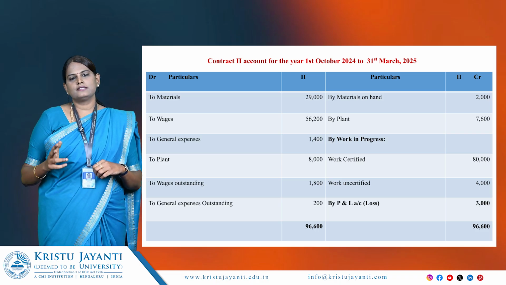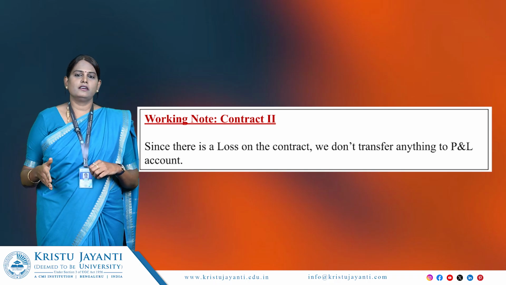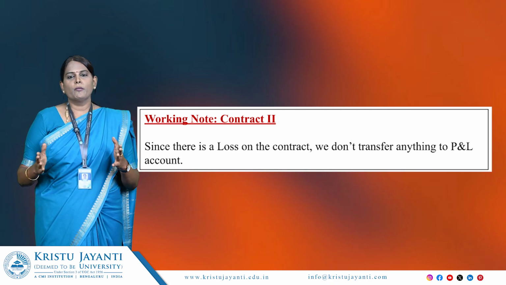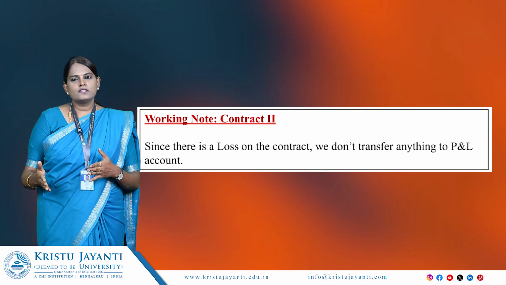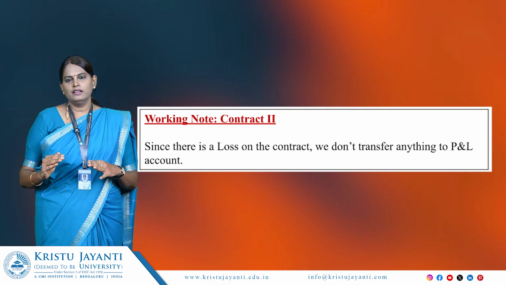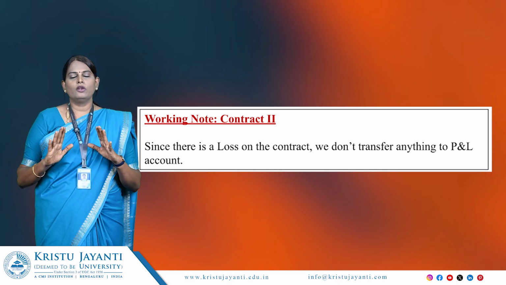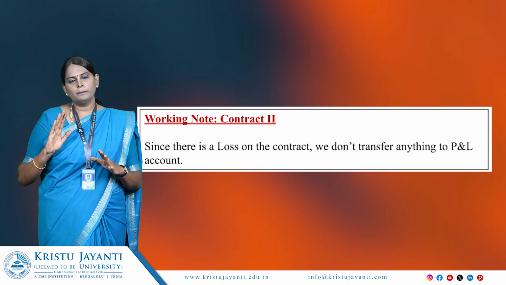So the credit side is treated as a loss. What you need to understand here is, this contract is for more than a year and there is a loss on the contract. So we don't transfer anything to the P&L. We just keep this 3,000, which is a credit item, which is a loss on the contract, on the P&L itself.